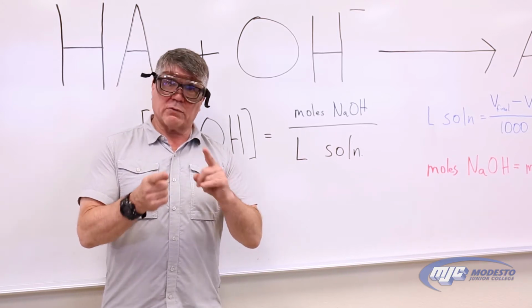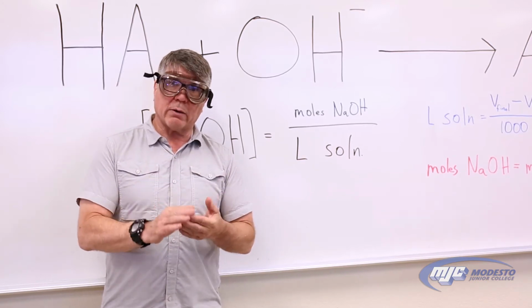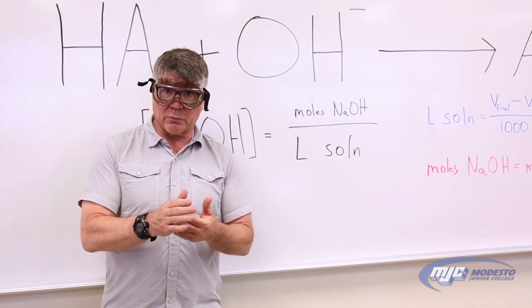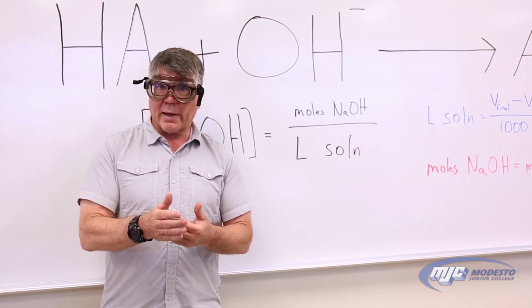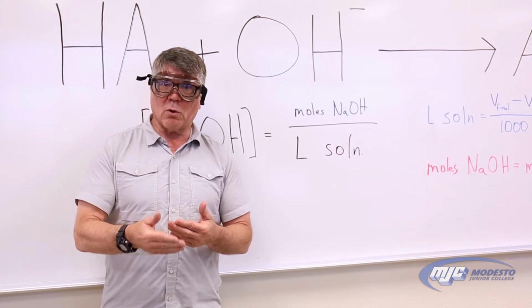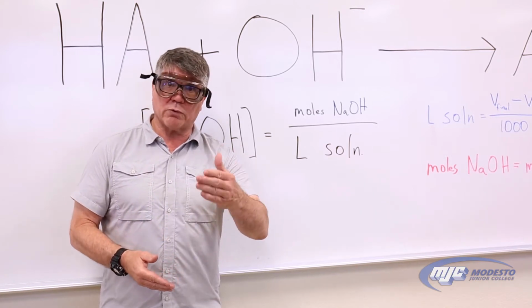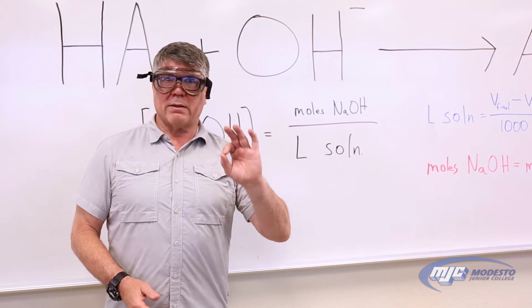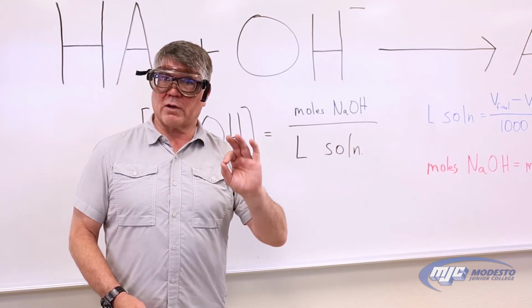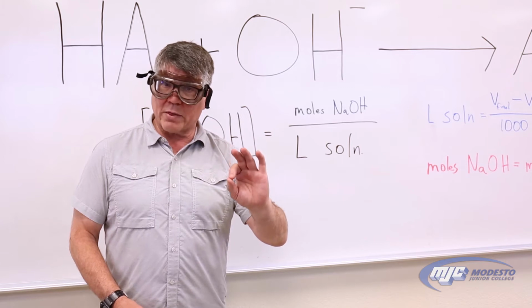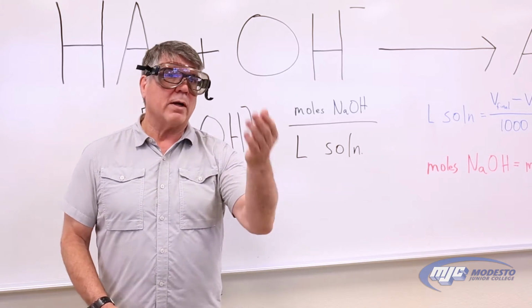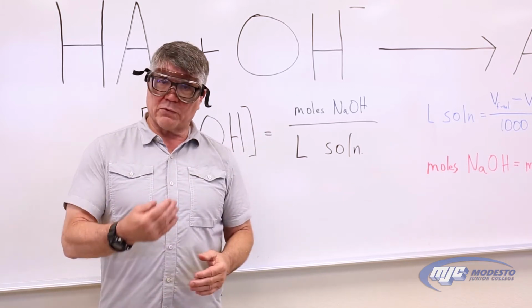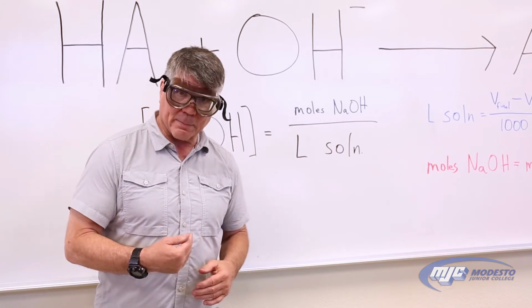That's nice because we're going to weigh out the KHP, so we know how many grams we have, and we'll know the molar mass. That means we know how many grams per mole. So it's really easy to calculate how many moles of KHP. So if we can determine when we've added just enough of our sodium hydroxide solution to react with that KHP and no more, then we will know how many moles of sodium hydroxide we've added.